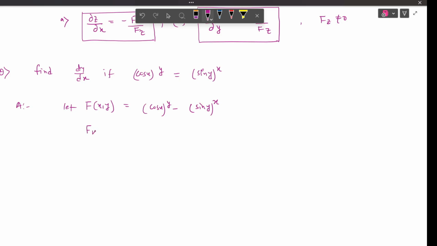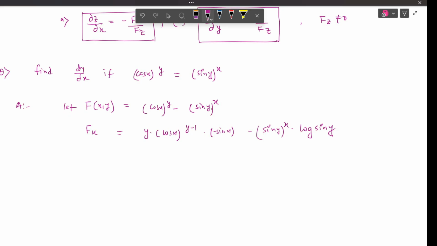Now what should be f x? This f x means the partial derivative of this function with respect to x. So this should be y into cos x to the power y minus 1, and the differentiation of cos x is minus sin x, minus this is sin y to the power x into log of sin y, because when you are differentiating this function with respect to x partially, y would be constant.